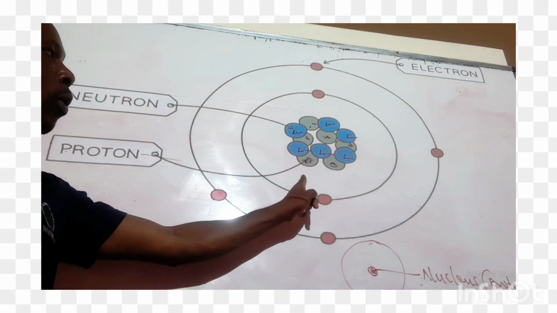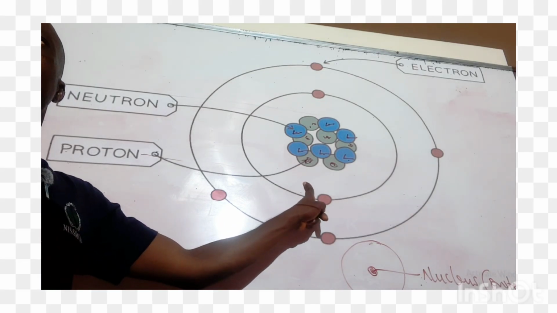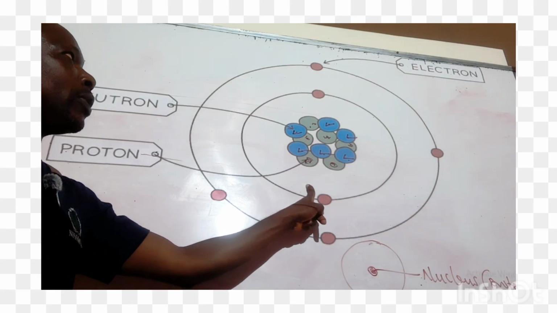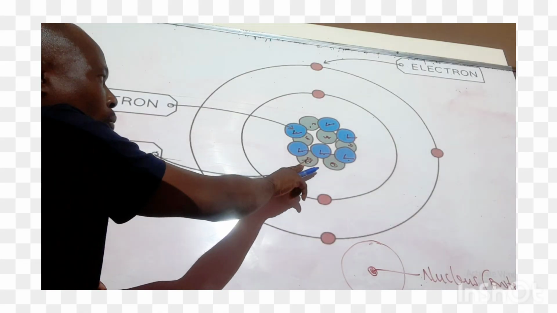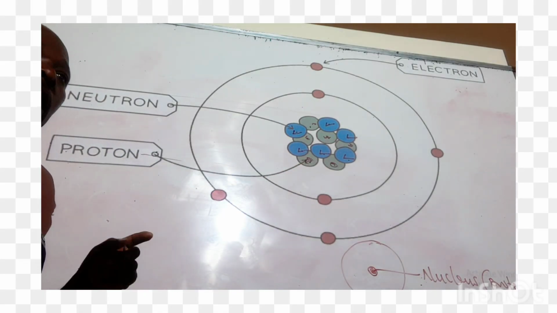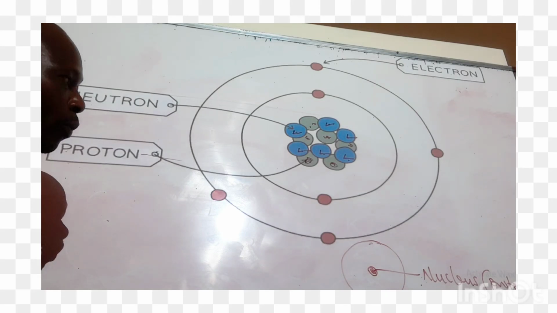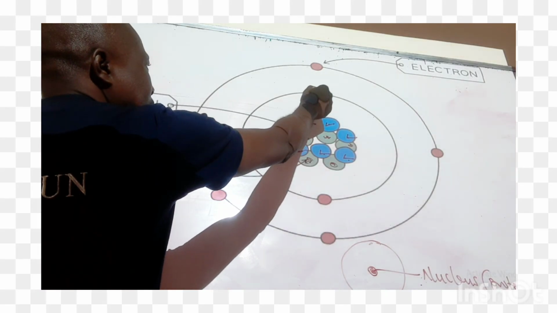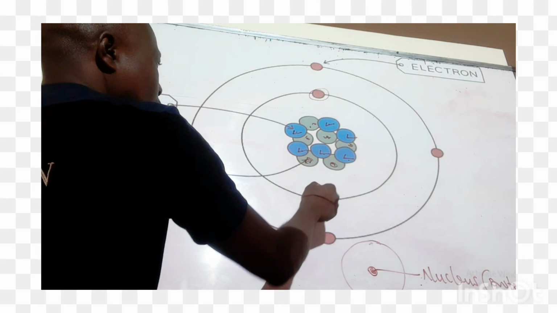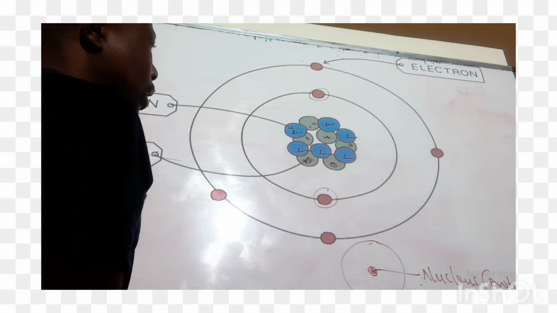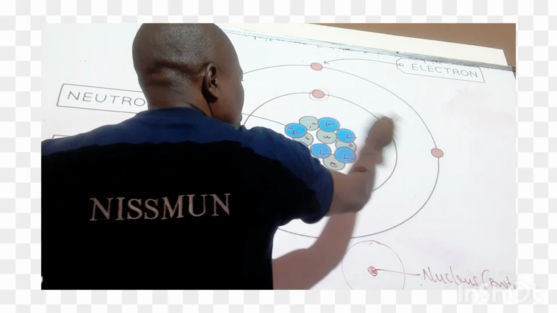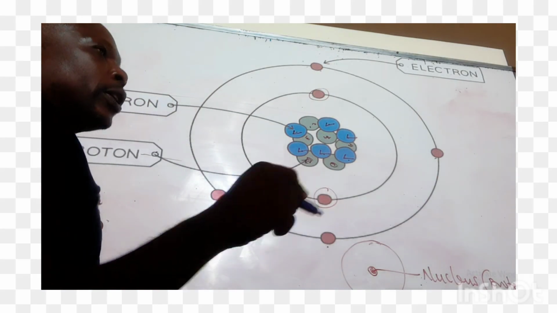Now, if an atom is a neutral species, the number of protons will be equal to the number of electrons. And let's count the number of electrons. The electrons revolve. We have 1, 2 in the first shell, and 1, 2, 3, 4 in the second shell.